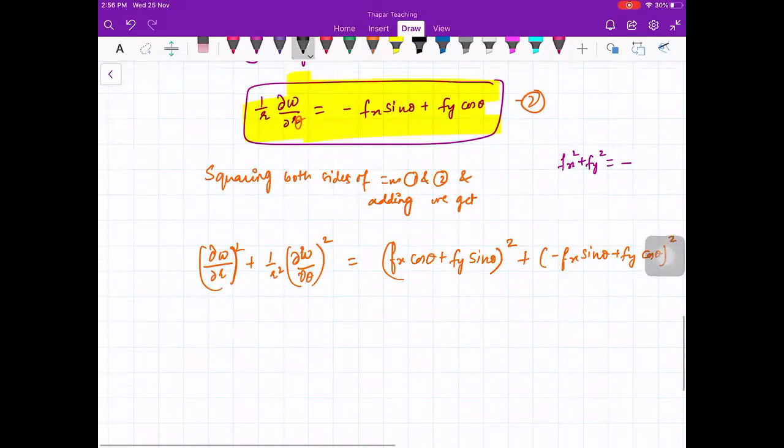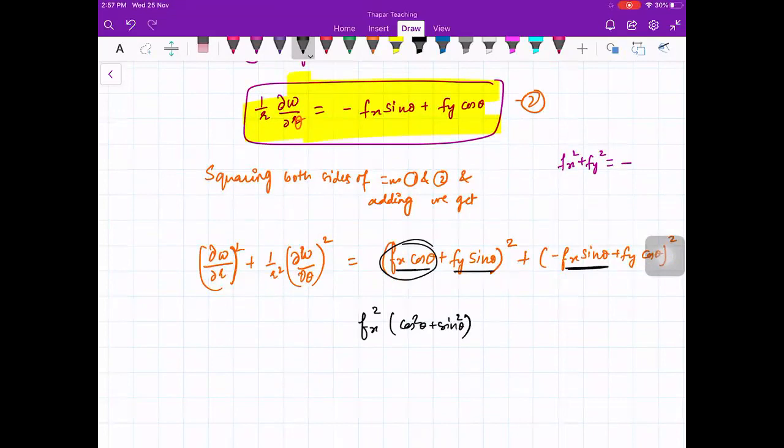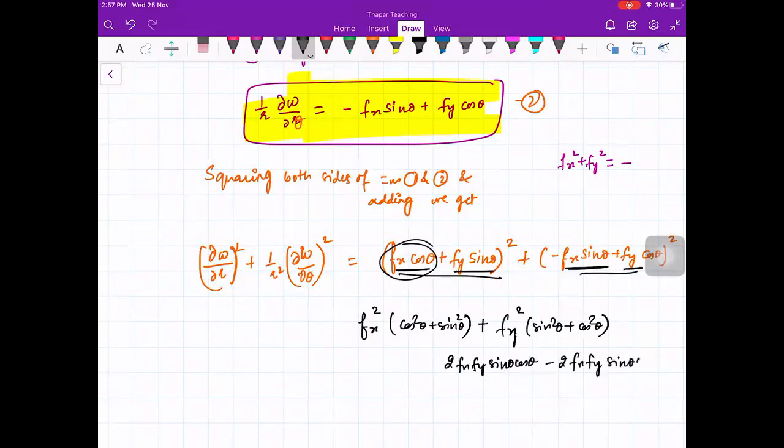So you can do the calculations: Fx square cos square theta from here, Fx square sin square theta from here. So you have Fx square (cos square theta plus sin square theta), that will be 1. And then from here you have Fy square sin square theta, here you have Fy square cos square theta. So you have Fy square (sin square theta plus cos square theta). And from here you have 2 Fx Fy sin theta cos theta, and from here you will have minus 2 Fx Fy sin theta cos theta.